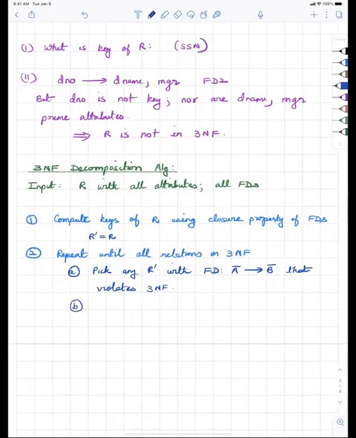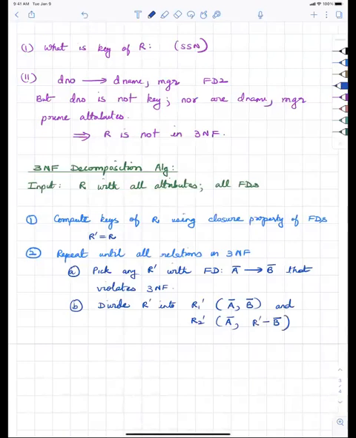And then B, divide R dash into R1 dash, which is AB, and R2 dash, which is A, and R dash minus B. Okay, so you're dividing the table R into 2 tables.